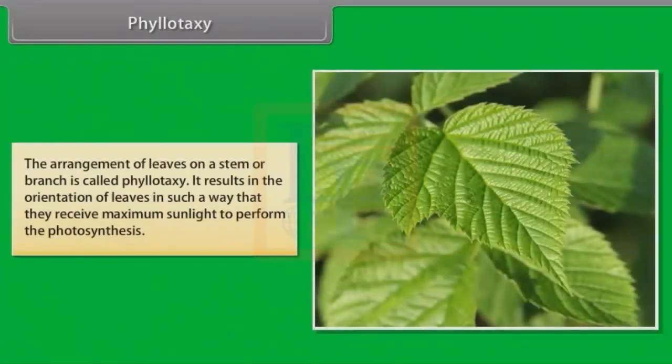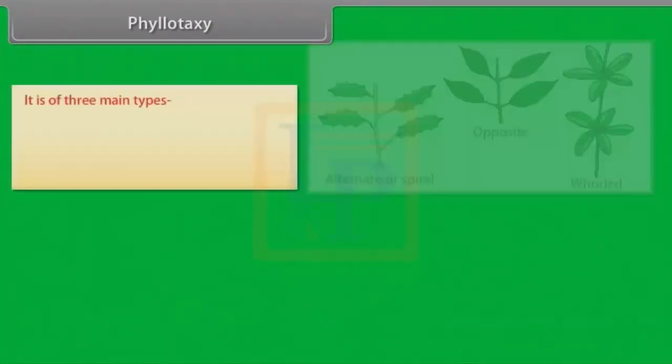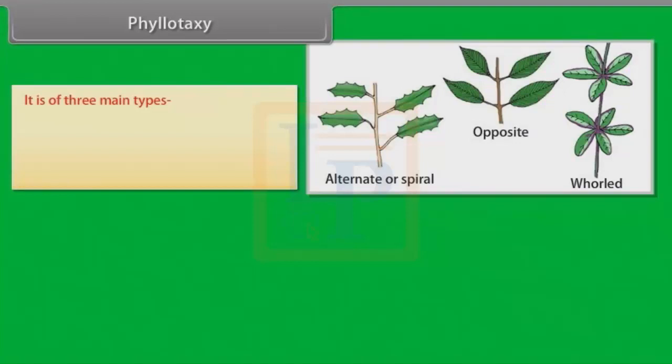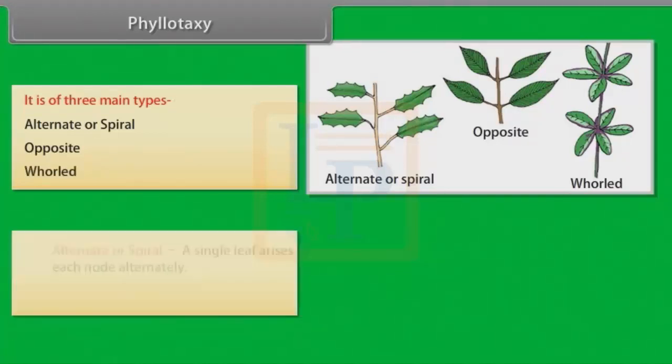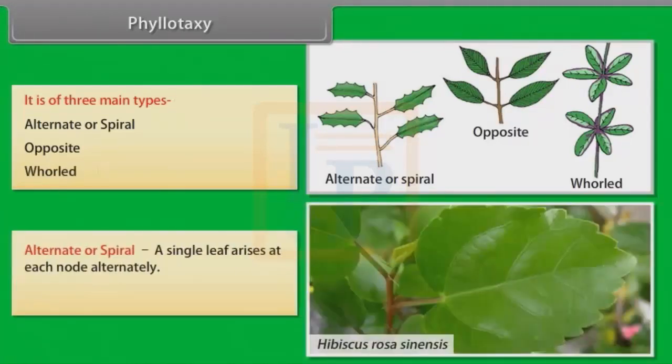Phyllotaxy. The arrangement of leaves on a stem or branch is called phyllotaxy. It results in the orientation of leaves in such a way that they receive maximum sunlight to perform photosynthesis. It is of three main types: alternate or spiral, opposite, whorled. Alternate or spiral. A single leaf arises at each node alternately.